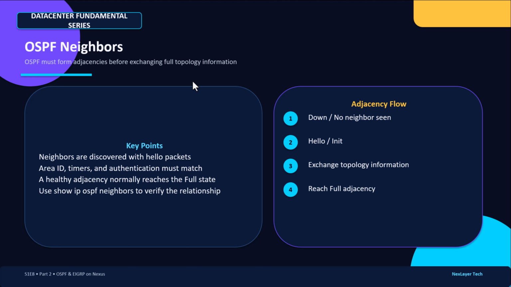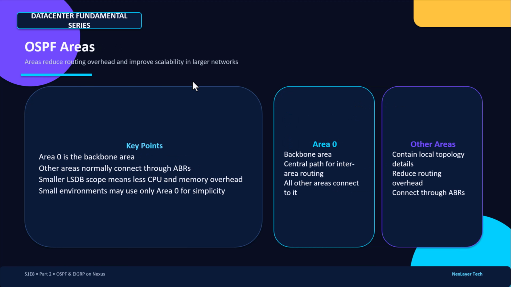During the neighbor formation process, you may briefly see other states. However, if the neighbor remains stuck in a state such as init, exstart, or exchange, there is probably a configuration or connectivity problem. When troubleshooting OSPF, always begin by checking the interface status, IP addressing, area ID, timers, authentication, and MTU.